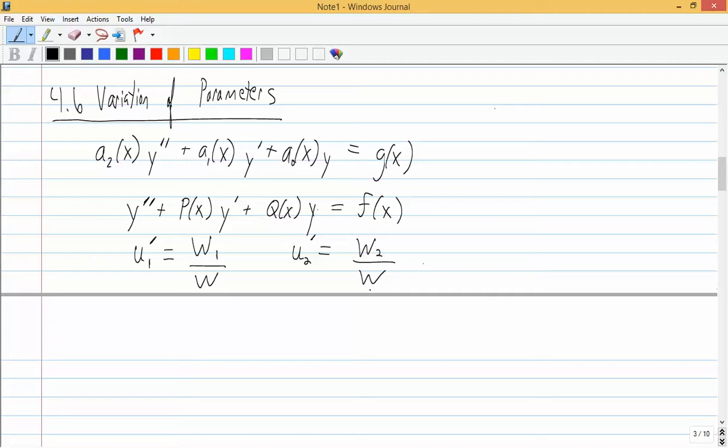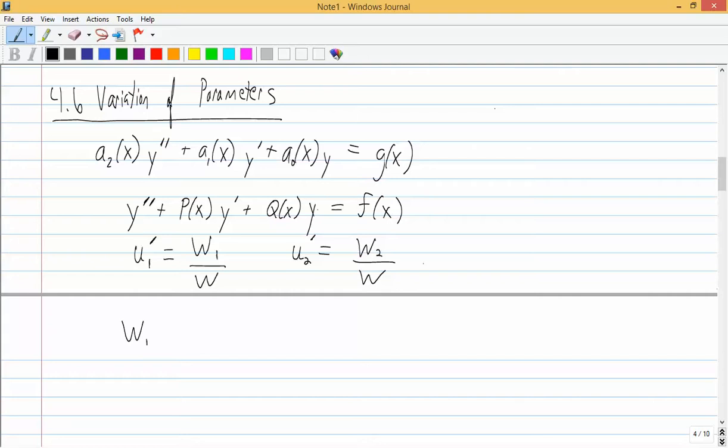Now, if you guessed what w stands for, then maybe you've been doing your homework from the first or second section. We went over the Wronskian. Do you remember we took the Wronskian of a set of terms to tell if it was linearly dependent or independent? Okay? So that is what the w's are related to.